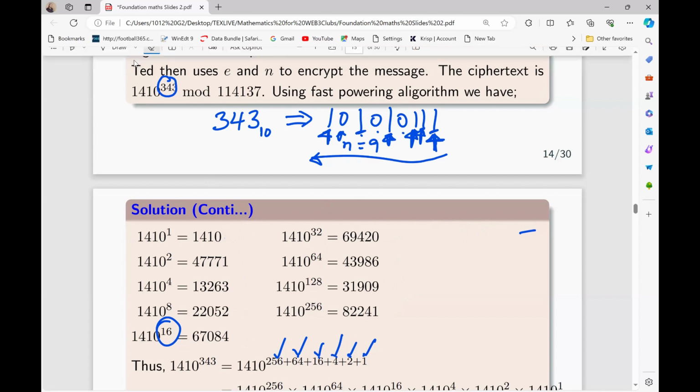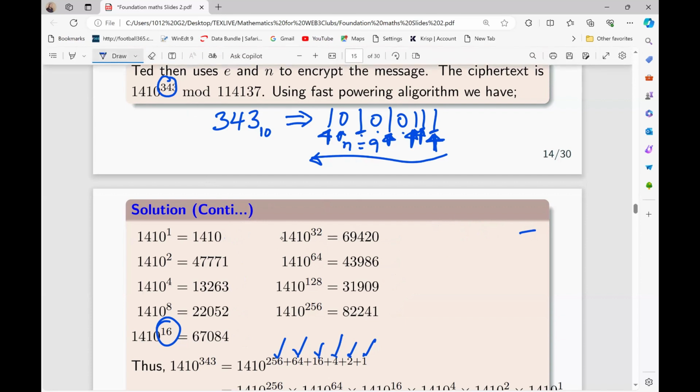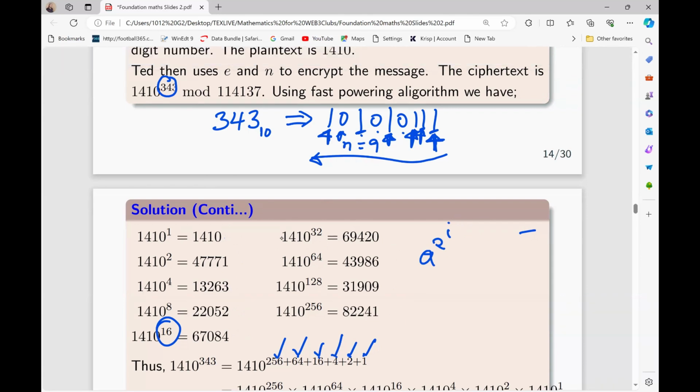We're doing A raised to 2, then raised to I. So what we mean, our n is this, our A is this, 1410. Raise this to 2.